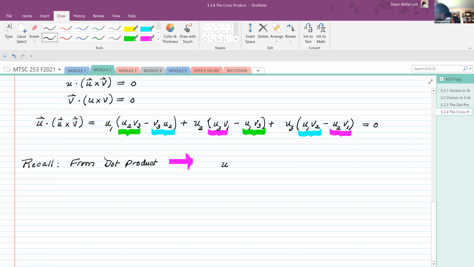U dot V is going to be the length of U times the length of V times the cosine of the angle between them.